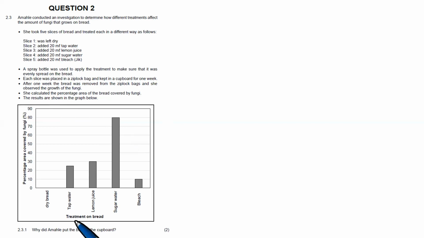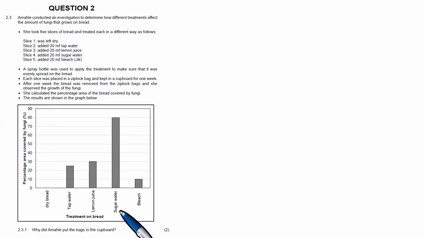So we have the treatment on bread. The dry bread is showing no bar at all on the bar graph. But with the tap water, you can see that the percentage area covered by fungi is between 20 and 30%. For the lemon juice, the percentage area covered by fungi is 30%.